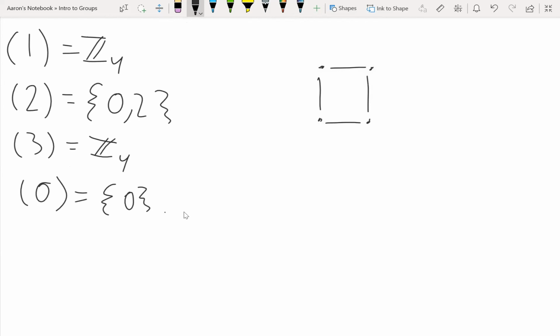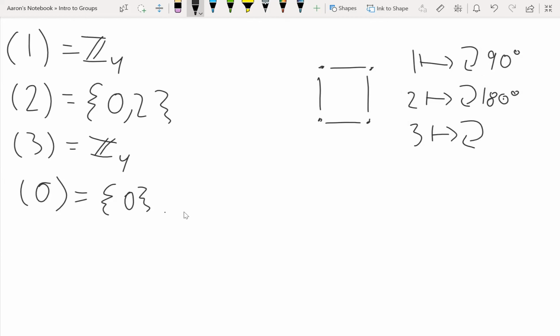If we say 1 goes to, let's just go 90 degrees, 2 goes to 180 degrees. 3, where does 3 go? 270.